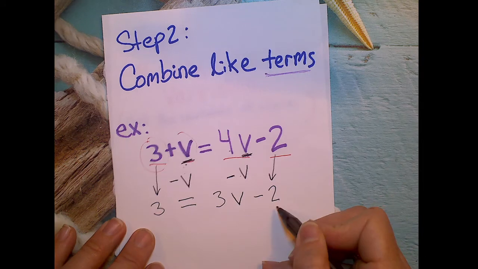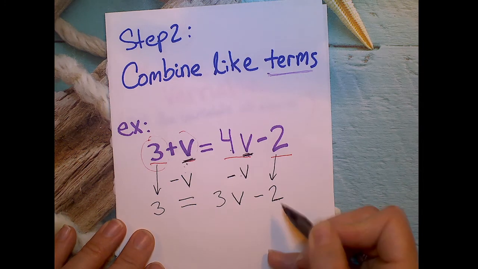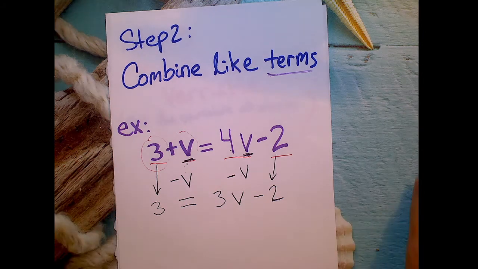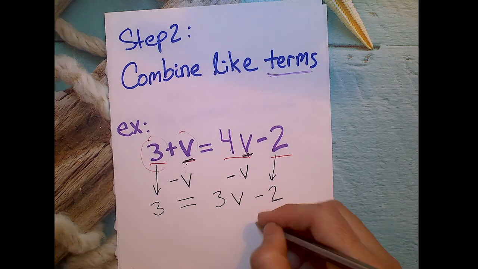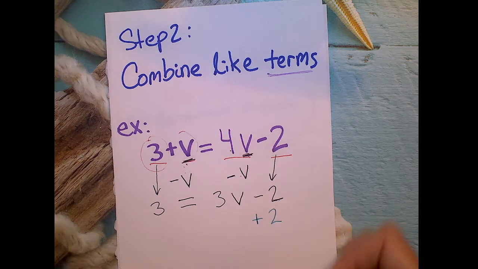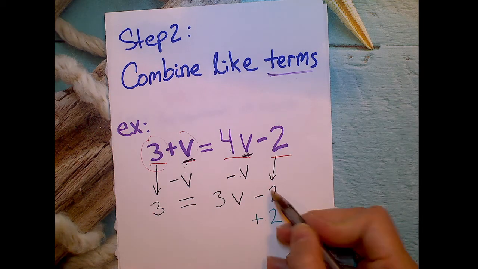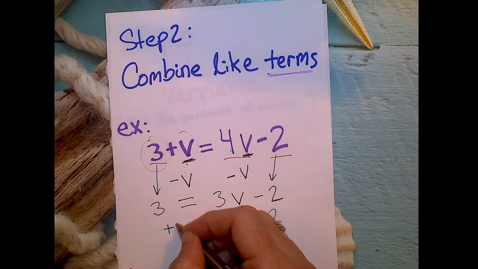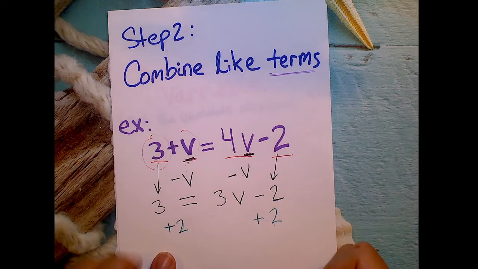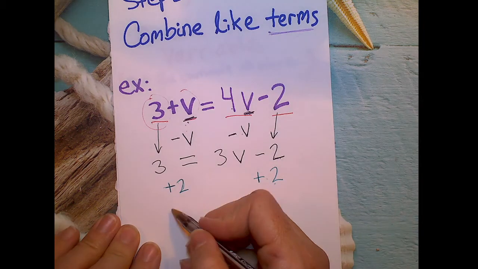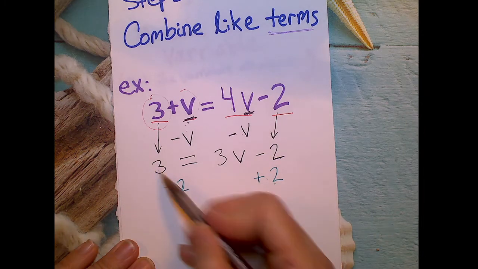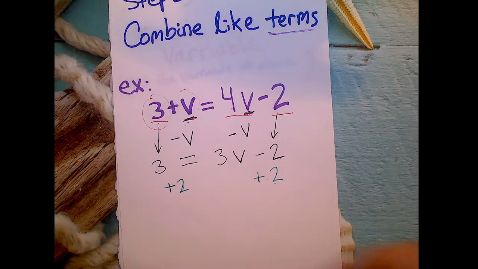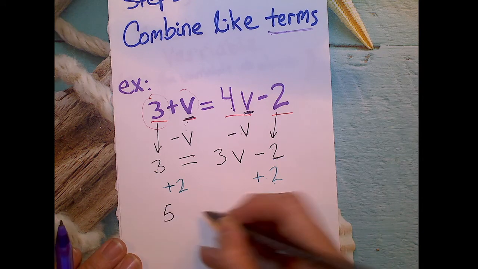Now I need to combine these whole numbers, negative 2 and 3. Okay, let's add 2 to both sides of the equation. Because when I add 2 to negative 2, the answer will be 0. But I have to do the same thing to the other side. Let me write this now. So 3 plus 2 is 5.